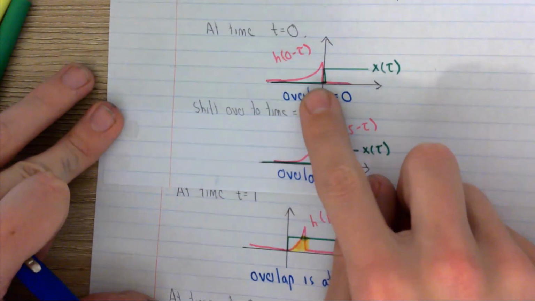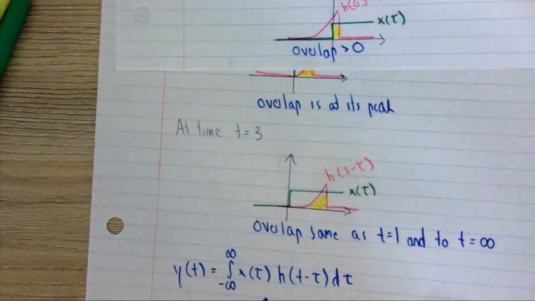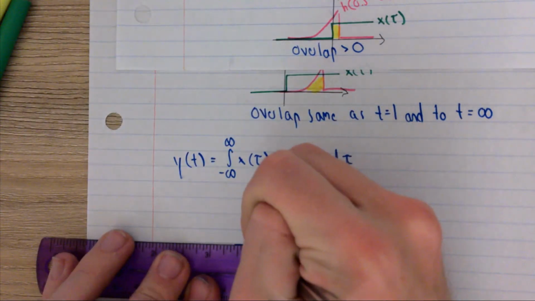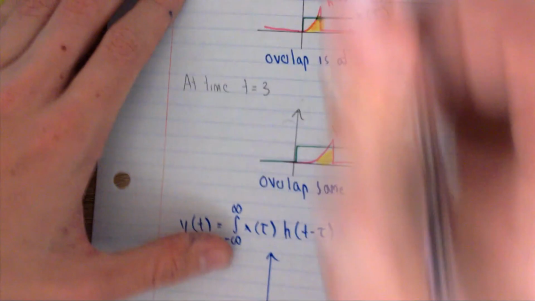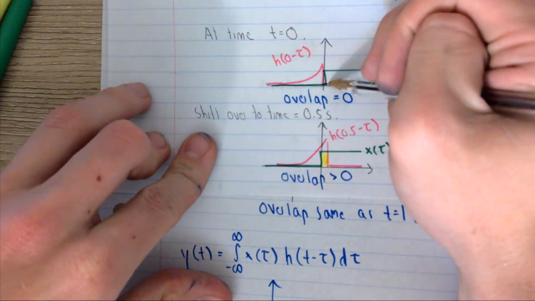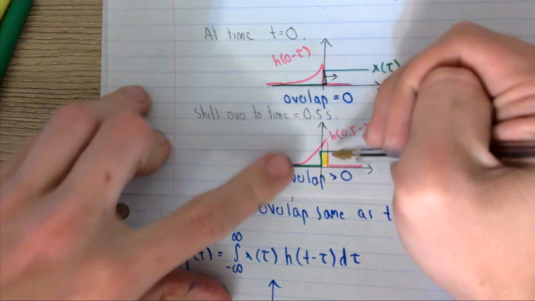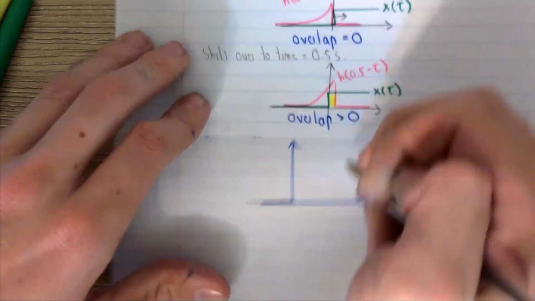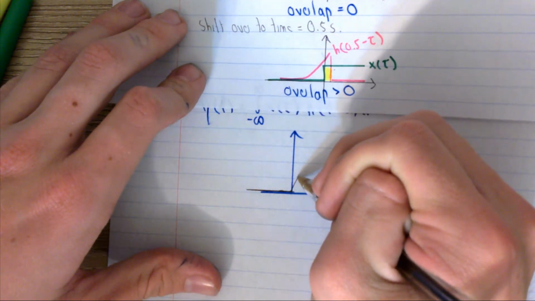And so, going back to the curve down here, at time before 0, there was no overlap, so it's 0. Then when time is greater than 0, we shifted this pink curve, which is the h of tau, more to the right. So we started shifting it to the right here, and there was some overlap. I'm going to show that on the curve. There was some overlap, so it was increasing as we kept moving it to the right.